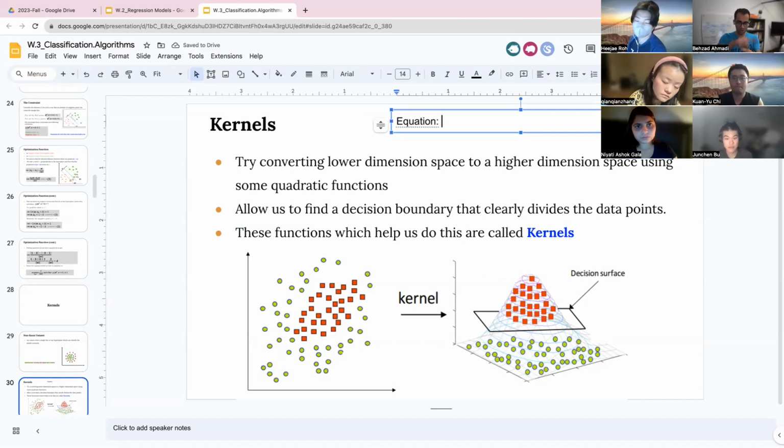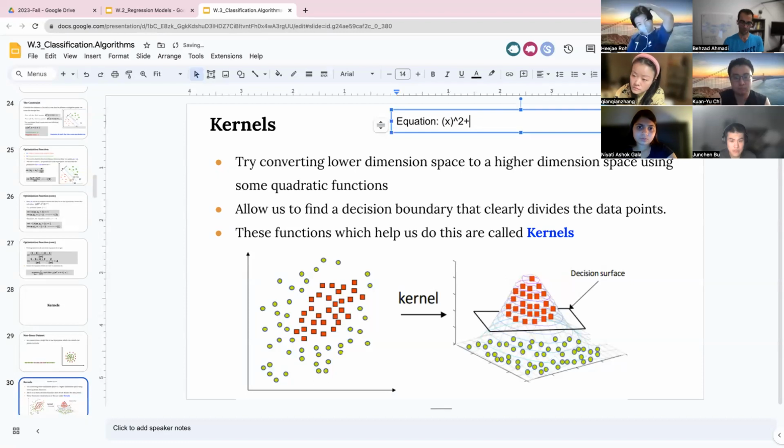Let's assume it's a very nice shape of a circle. All the red dots are inside the circle, and all the green dots are outside of the circle. Let's assume that the x-axis is called x1. So the first question.